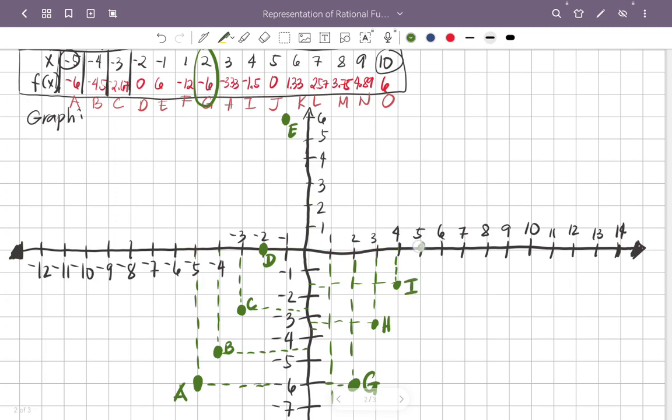J is 5 and 0. This is J. K is 6 and 1.33. Let's say kanatira. Okay. This is K. Let's proceed to L. 7 and 2.57.